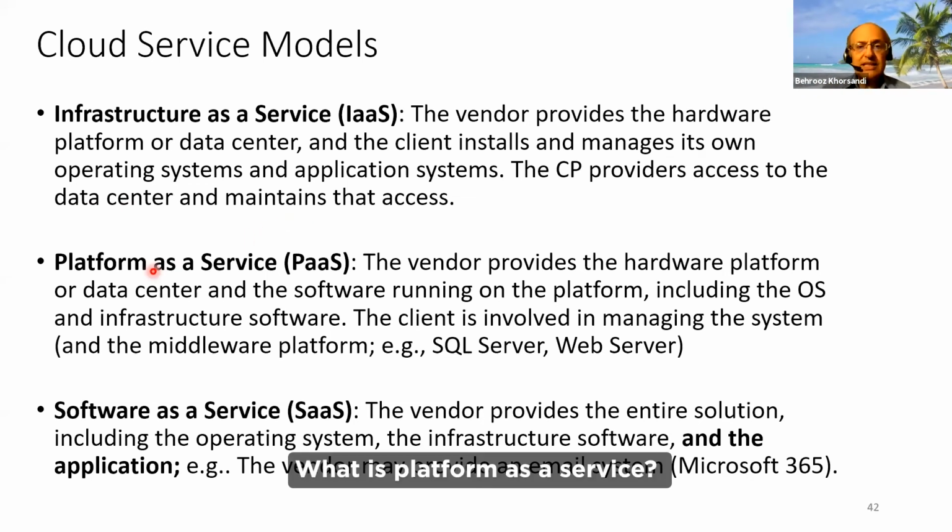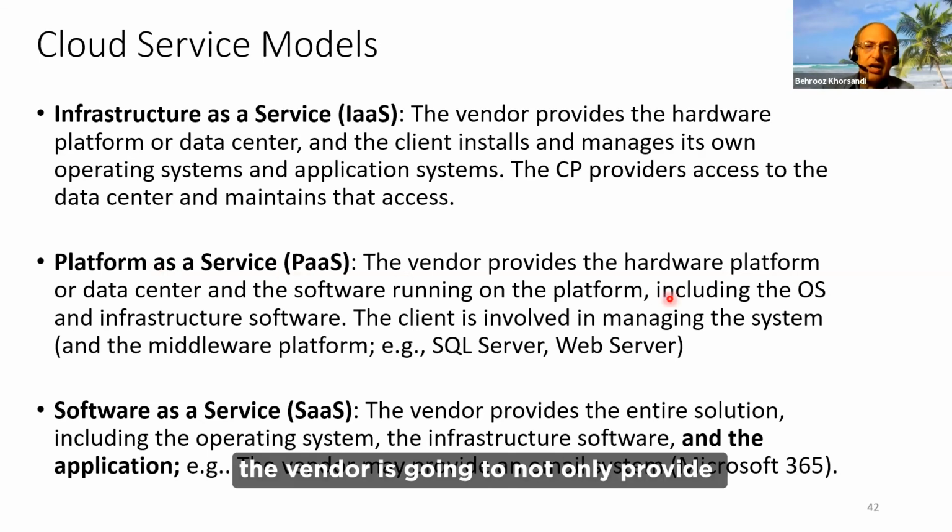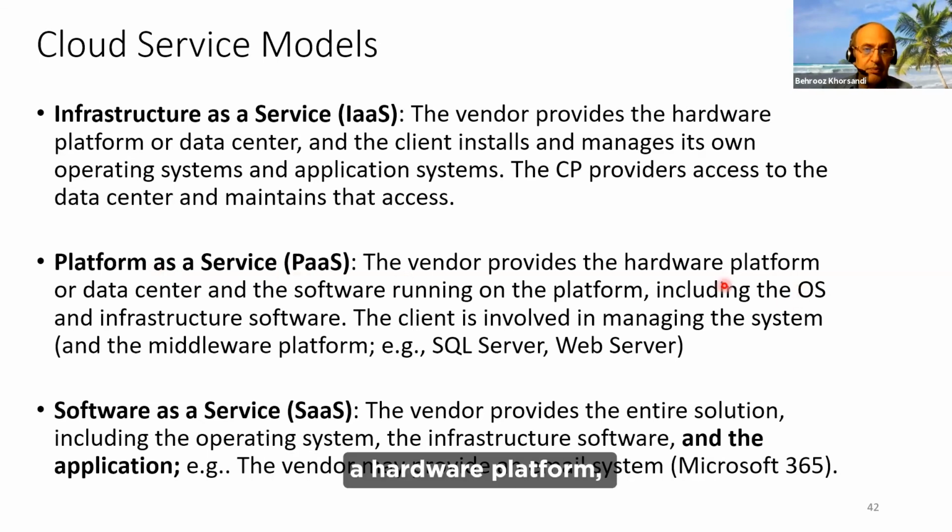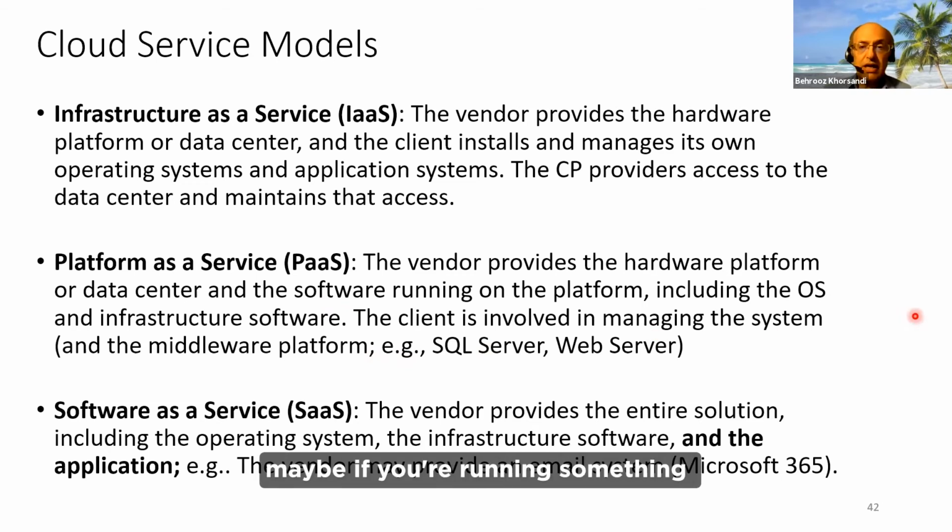So the cloud provider provides you access to the data center and maintains access to that data center as well. What is platform as a service? In this example, the vendor is going to not only provide a hardware platform, they're also going to provide a software platform as well. I'm talking about the OS. You, in fact, have no control over the OS with platform as a service, except maybe if you're running something that requires a specific OS, then they can give that OS to you.